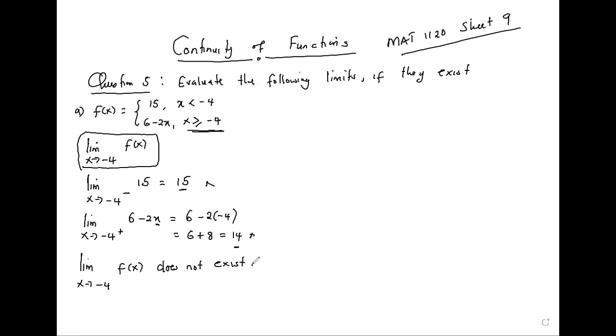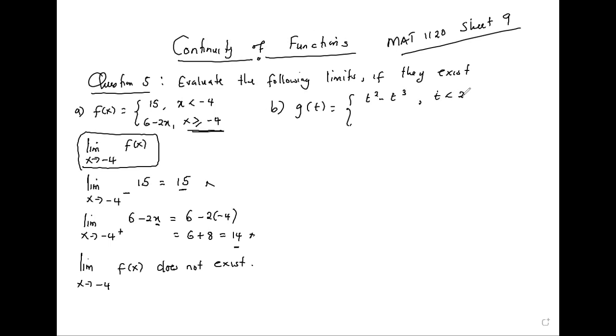Okay. Another one, B, we are given g of t is equal to t squared minus t to the power 3 for t less than 2.